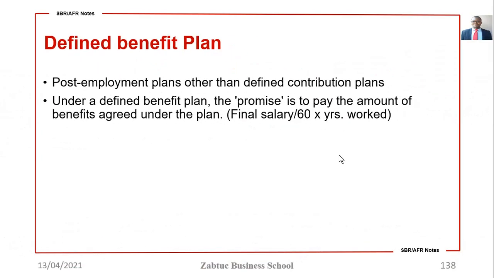Under a defined benefit plan, on the other hand, the post-employment plans, there is a promise to pay the amount of benefits agreed under the plan regardless of how the assets in the plan perform. All right.